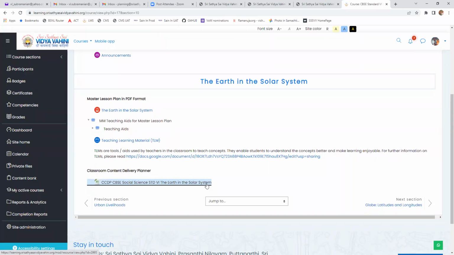Whereas we are looking at a situation where the teacher puts in effort, prepares herself or himself to deliver in the classroom.